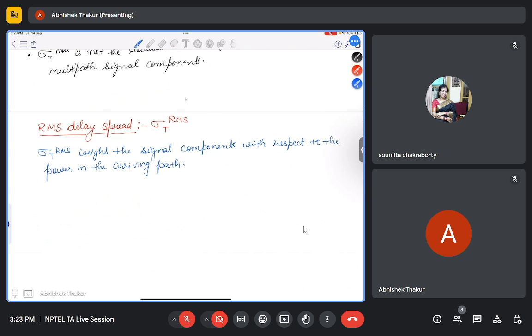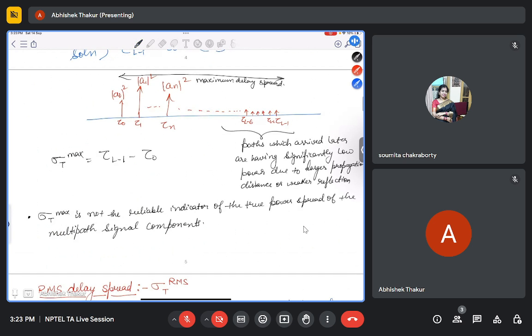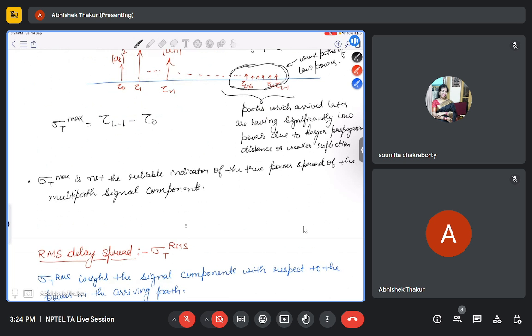Here we can see these paths, we do not have to consider weak paths of low power. So if we weigh the delay with respect to the power of the signal, then these paths can be eliminated.